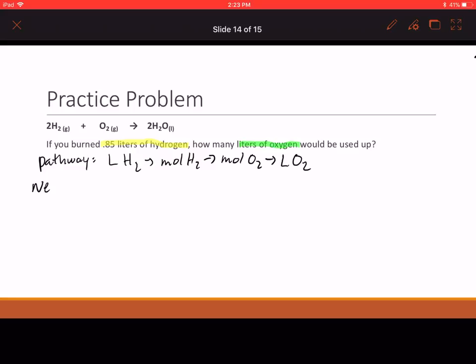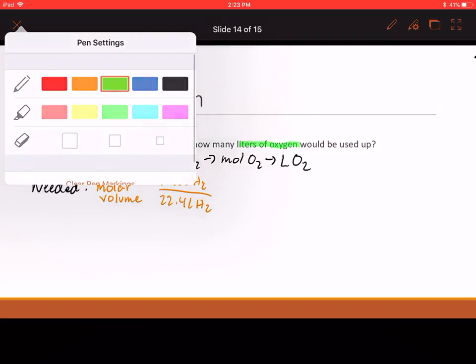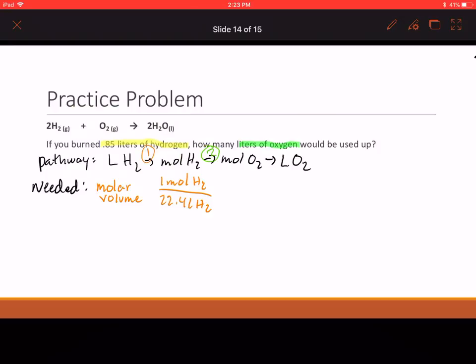Now we're going to write out what conversion factors are needed. We're going to need a step every time we see an arrow. To go liters to moles, we're going to use molar volume. So that's 1 mole of hydrogen for 22.4 liters of hydrogen. To go from moles to moles, we use molar ratio, and we get those from the coefficients.